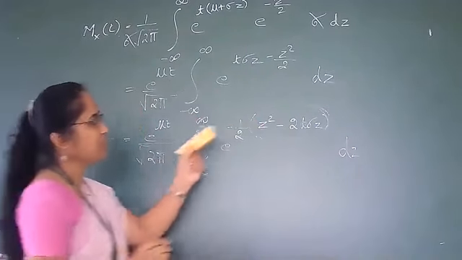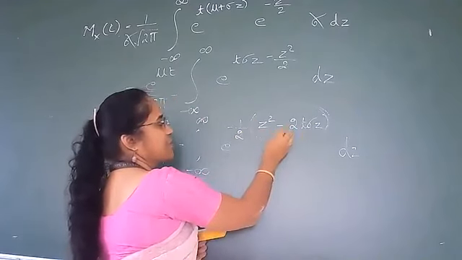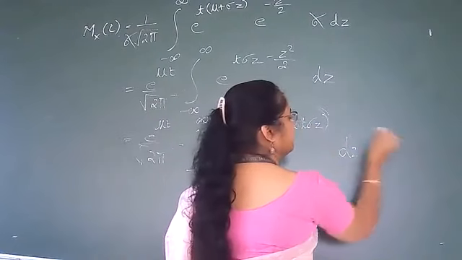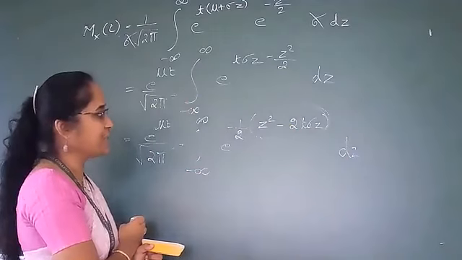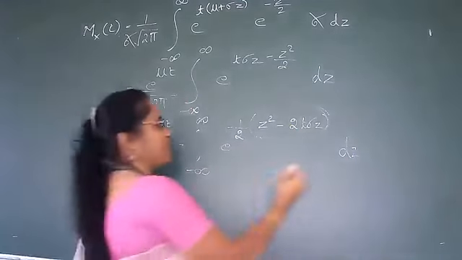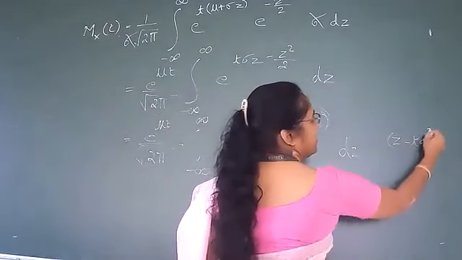I can look upon this term, whatever I have over here. This is z squared minus 2t sigma z, and we can consider this to be the first and the second term of an expansion, which is z minus t sigma the whole square. So if I have z minus t sigma the whole square, let's expand it.